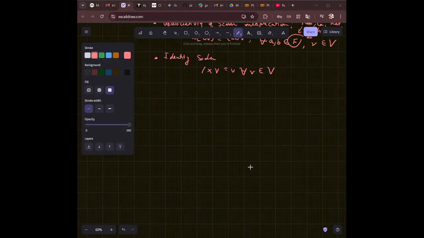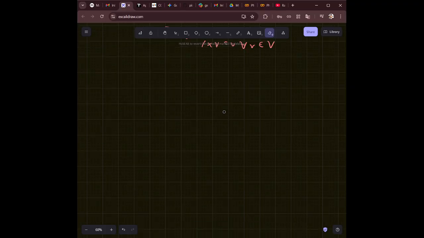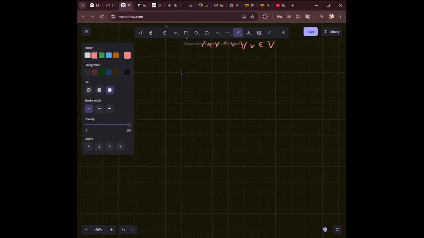Okay, to understand it in more detail, we will try to prove this in R3. So the first question that arises is what is R3? You can think of R3 as a 3D vector.